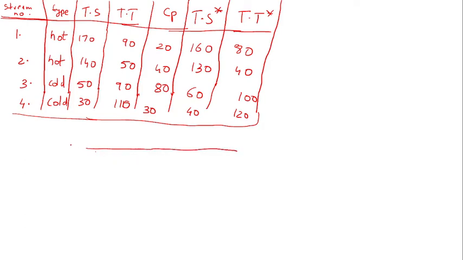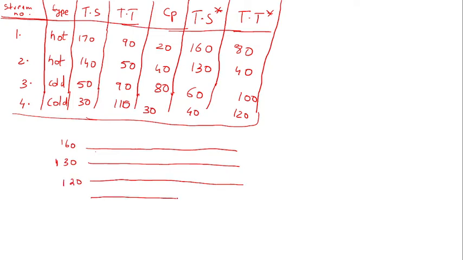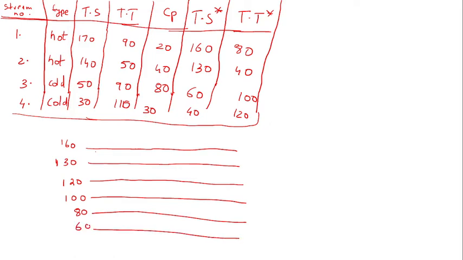First we need to mark all the temperatures, that is initial temperature is 160, maximum temperature is 160, then comes 130, then comes 120, then comes 100, then comes 80 Celsius, then 60, and finally 40.